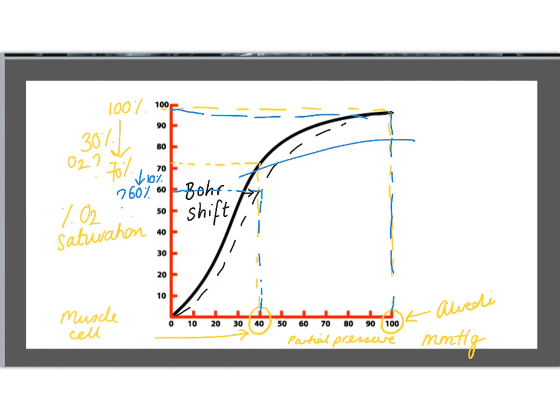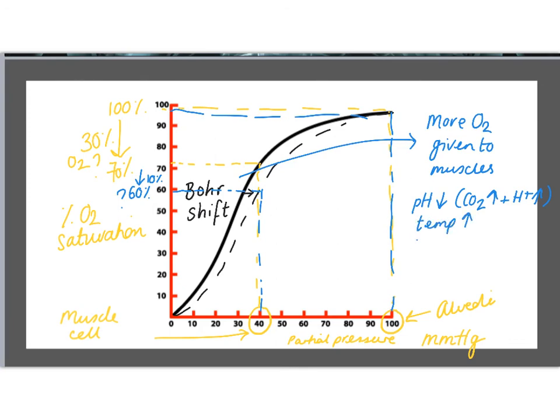So what the oxygen dissociation curve shows is that when we exercise, the curve shifts to the right. The curve shifts to the right because there's a reduction in pH caused by a carbon dioxide increase, caused by a hydrogen increase in the blood, and also caused by an increase in temperature due to movement and energy production.